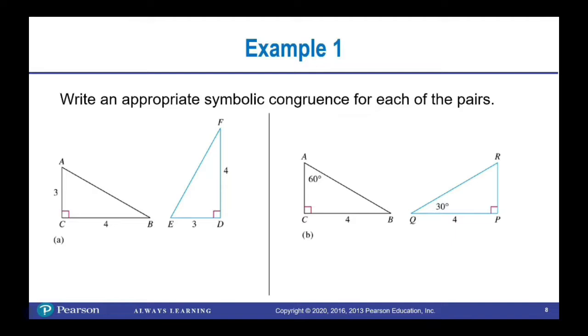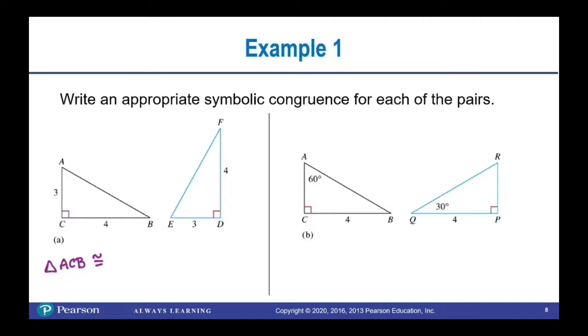In example 1, we are asked to use the appropriate symbols to show the congruence for each of our pairs of triangles. Look at part A. So we have triangle ACB. Now the order that I named the first triangle does not matter. Our symbol for congruent is an equal sign with a squiggly line over it.